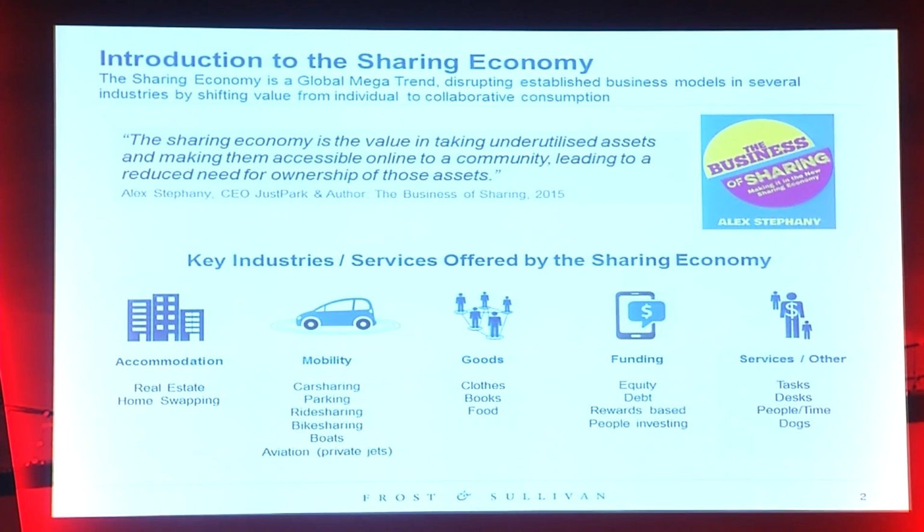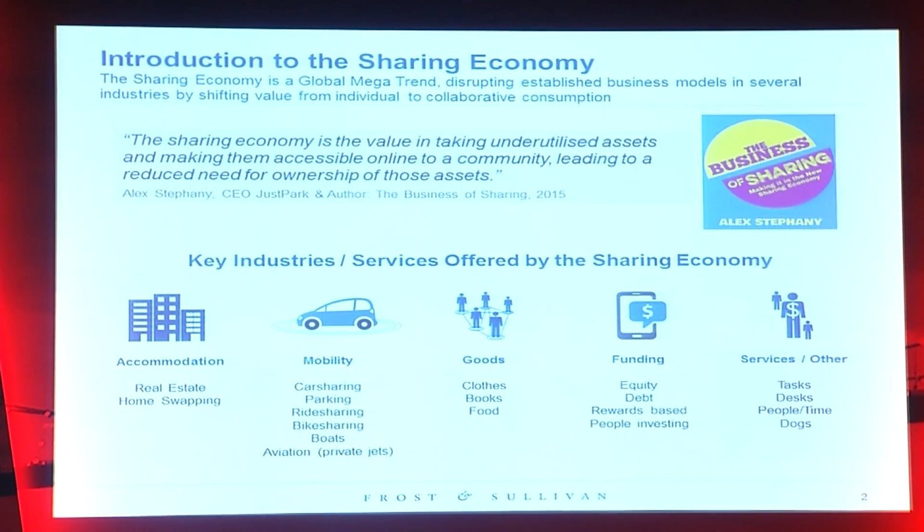Again, for mobility, our low utilized assets are our cars, or even seats in our cars, or parking areas that are waiting empty during the night or during the day. And there are also other sectors like goods or funding that are also part of the sharing economy.